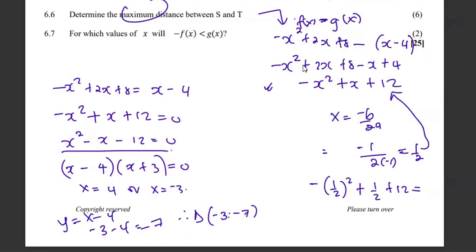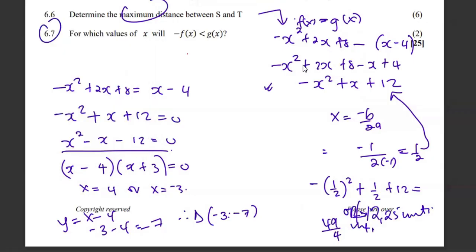If I punch that into my calculator, that's going to be negative 0.25 plus a half plus 12. That becomes 12.25 units, or someone can call it 49 over 4 units. So that or that. Okay.